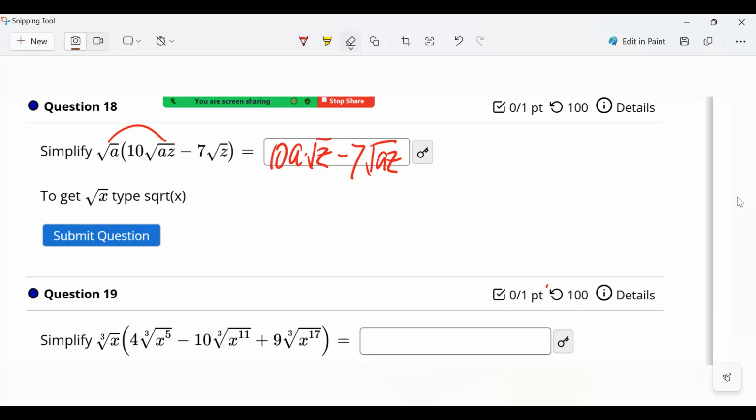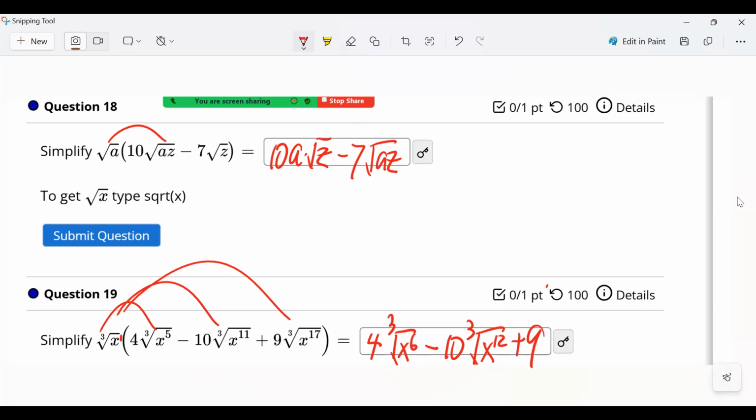And for 19, distribute it first. Then we simplify from there, so we get the cubic root of x times the cubic root of x to the 5. So it will be the cubic root of x to the 6, right? Add up the powers, you get x to the 6. Second one, 10 cubic root of x to the first times x to the 12 is x to the 13.